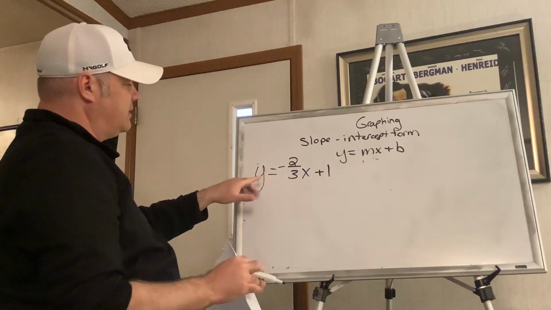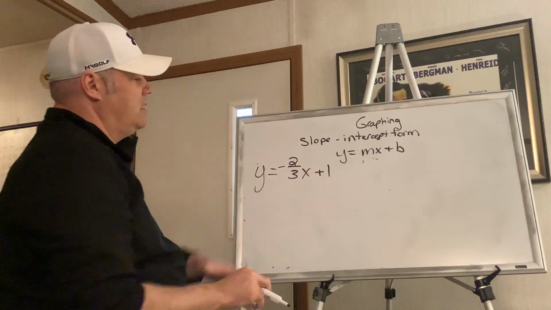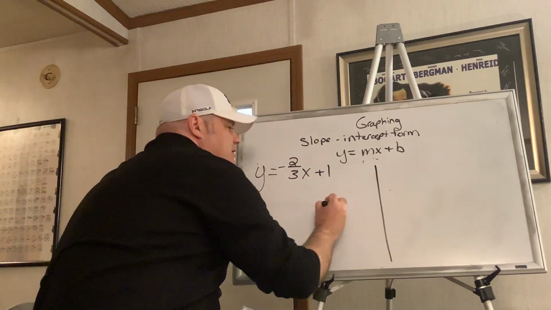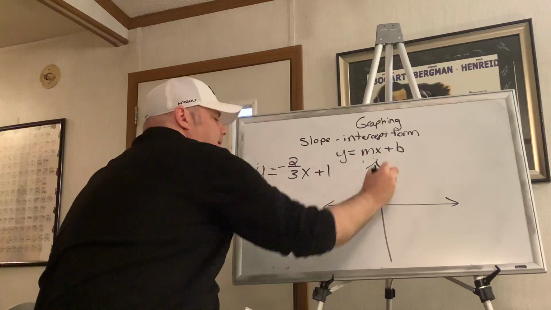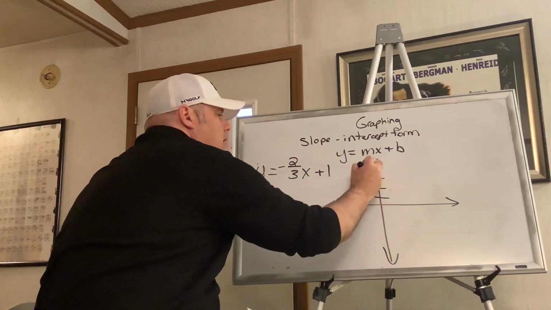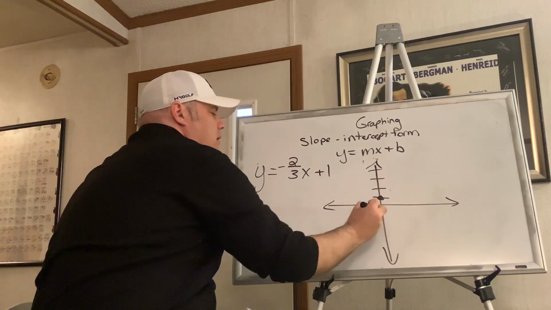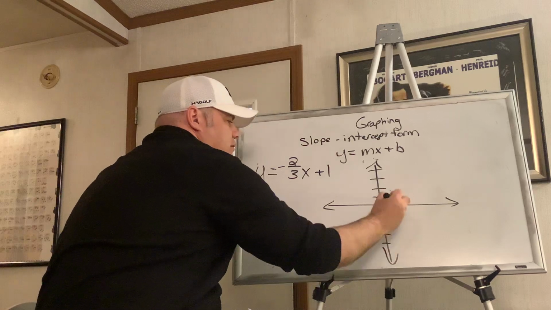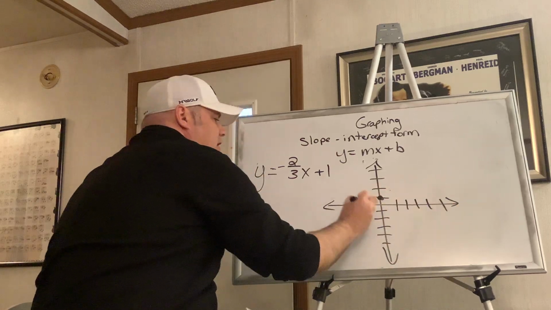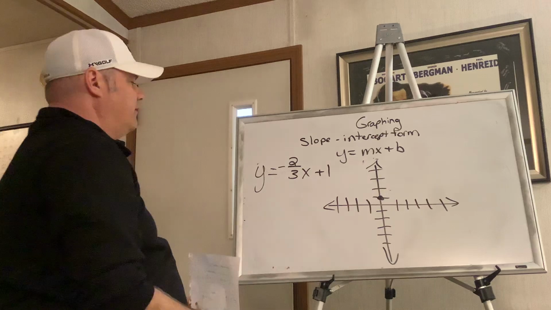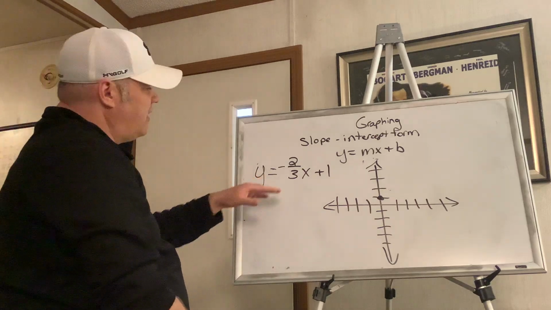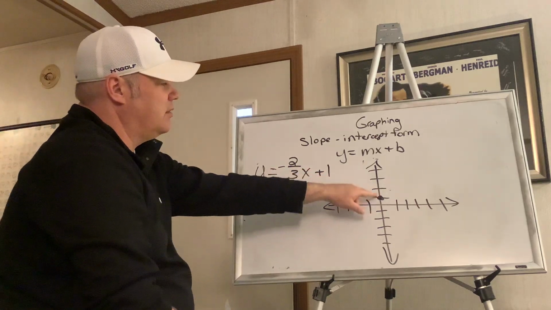It's already in slope-intercept, y equals mx plus b. And so that means I'm going to start at 1. I'm going to start here at 1. So that's the first thing to do, find your starting point. Find your y-intercept. And if it's already in y, and you don't have to divide, it's just right there. And you start there on the y-axis.